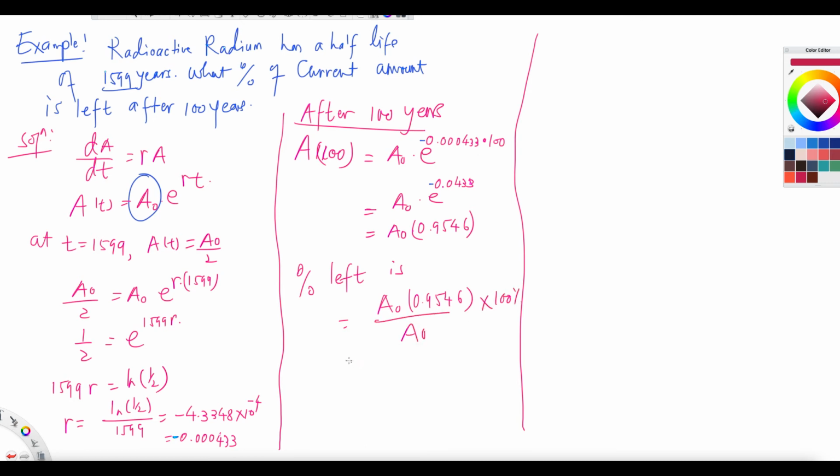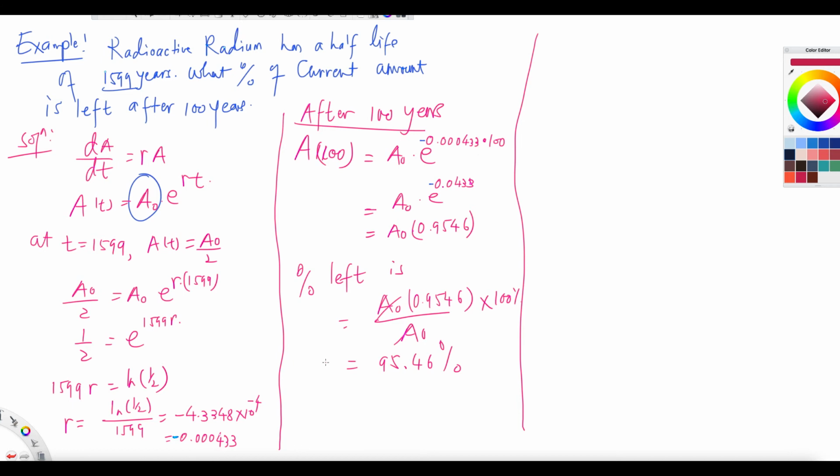That's how we find the percentage. A0 and A0 cancel out, so 95.46% is left after the 100 years. Because the half-life is about 1600 years, after 100 years about 95.46% of the radium will be left in that environment.